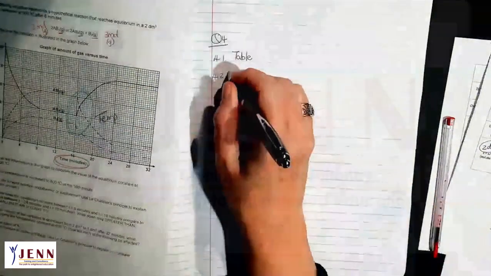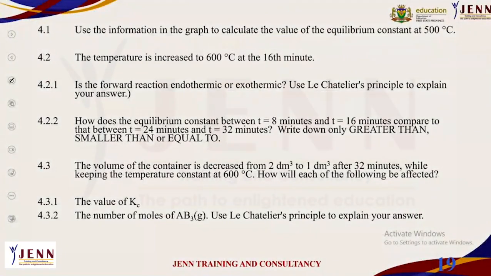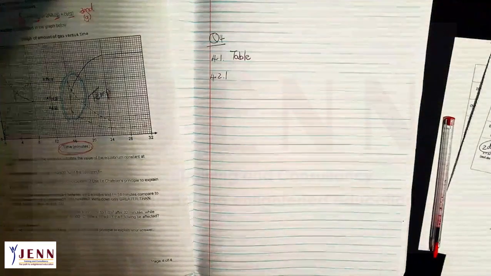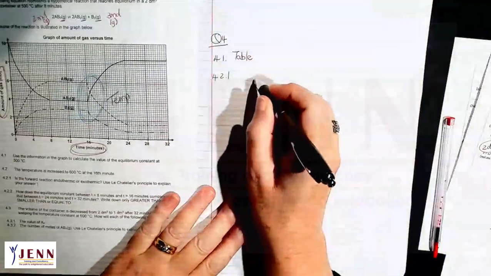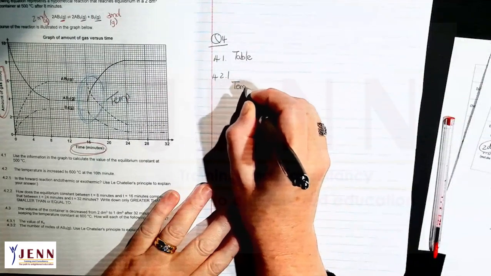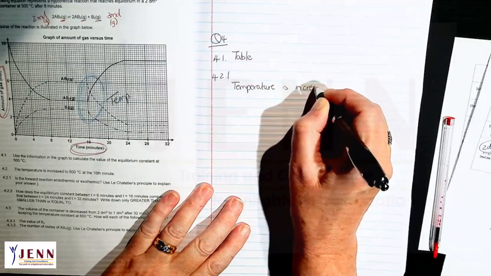Okay, 4.2.1. The temperature is increased to 600 degrees at the 16th minute. Is the forward reaction endo or exothermic? Use Le Chatelier's principle to explain your answer. Okay, I don't know. So I'm first going to do the explanation, and then I'm going to determine if it's exo or endothermic. Okay, so I start with, they said the temperature is increased.